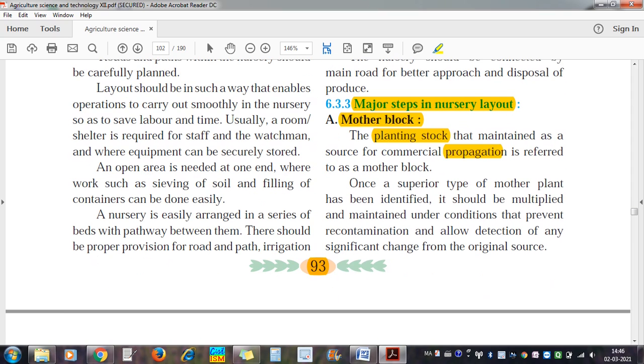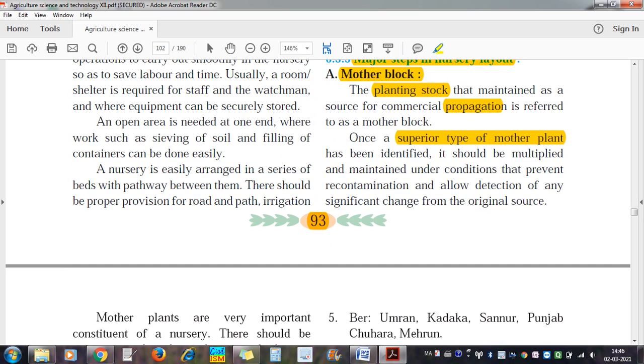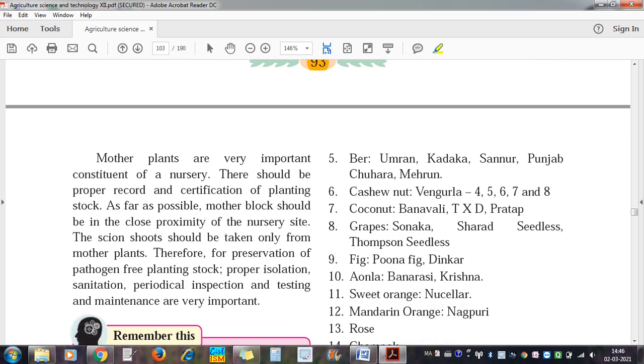Now different superior types of mother plants are to be identified, and they are to be multiplied by using good quality scion plant. So we also have to allow the detection of any significant change in the original source. It means the mother plant should be taken from an original, authorized, good quality source.